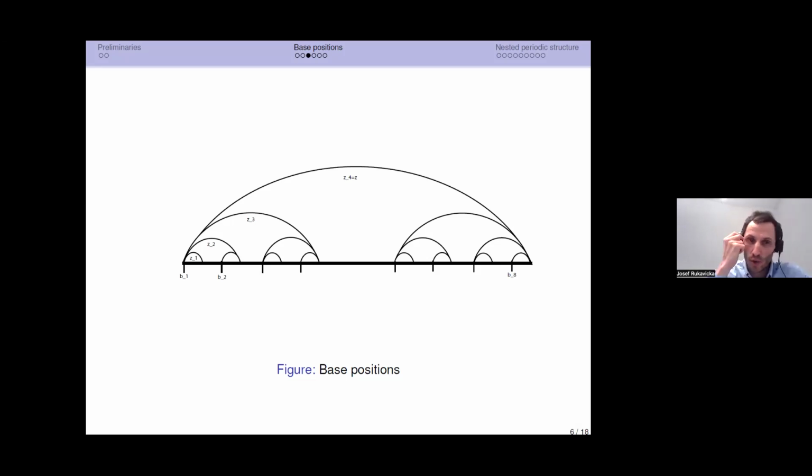Yeah, you can notice that the number of the base positions grows exponentially with the number of the palindromic prefixes. So except for the last one with the H, it is 2 to the power of i minus 1. So this is the definition of base positions.